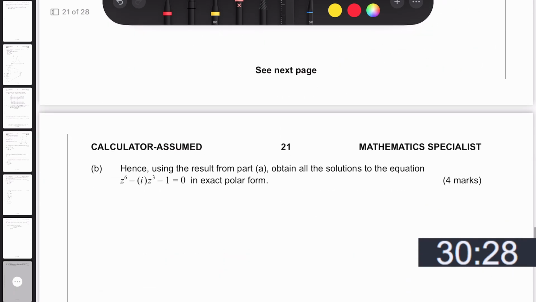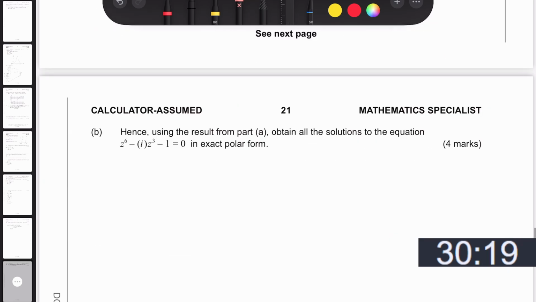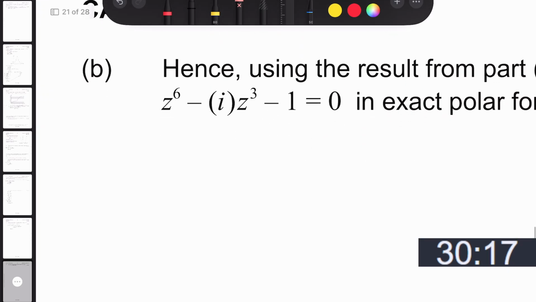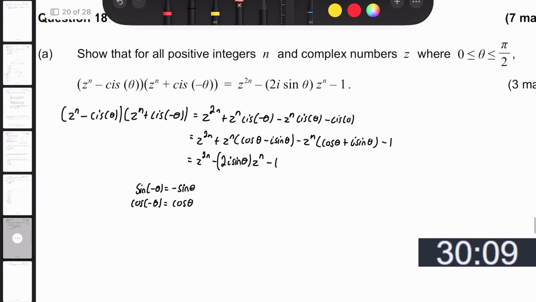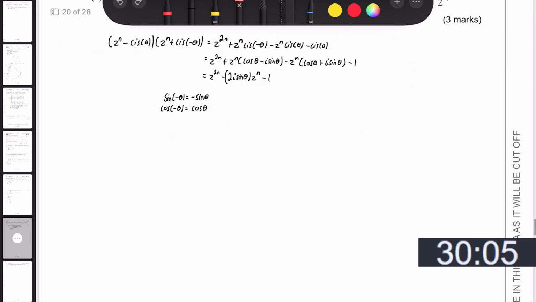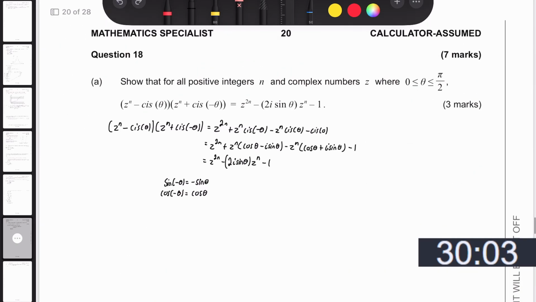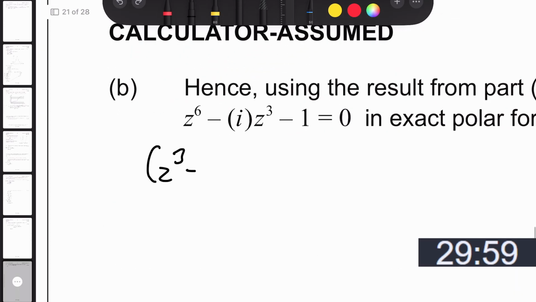Alright, hence use the result from part A, obtain all solutions to the equation in exact polar form. Okay, so then we have a Z2n. So then this becomes z to the power of 3 minus 2i sine Zn. Z is 3, yes. Okay, let's rewrite the full thing.